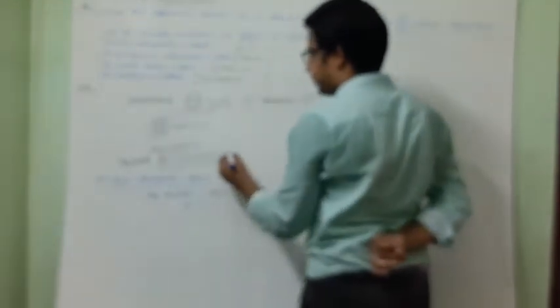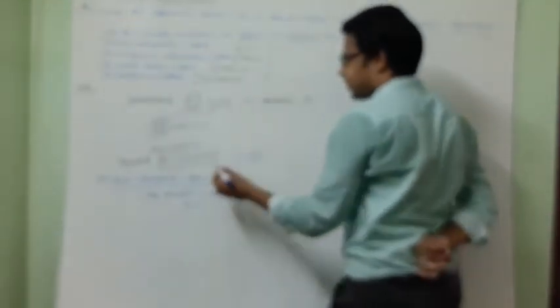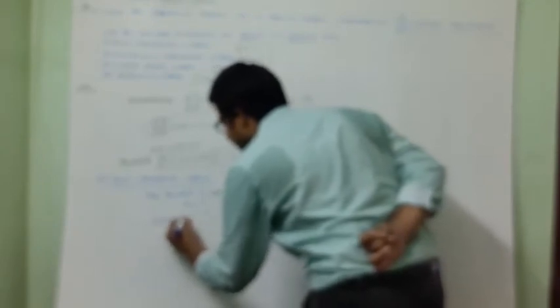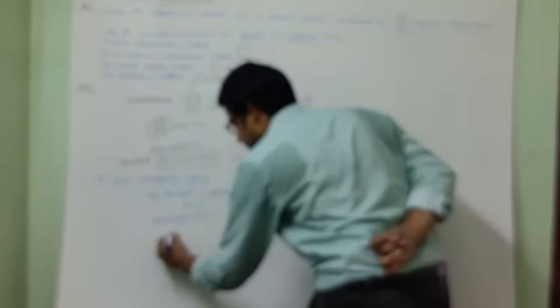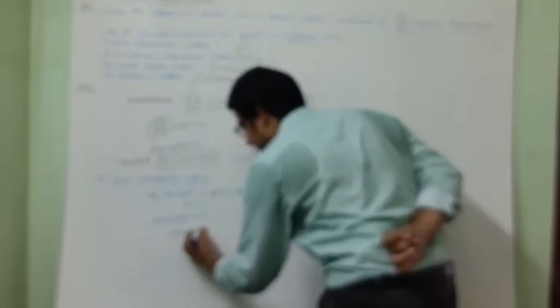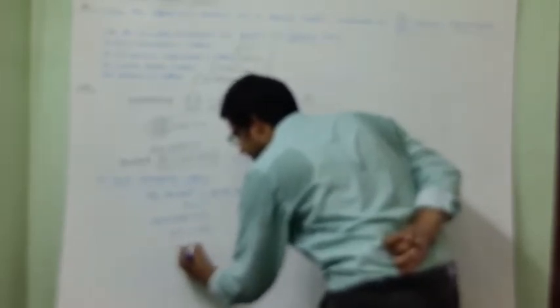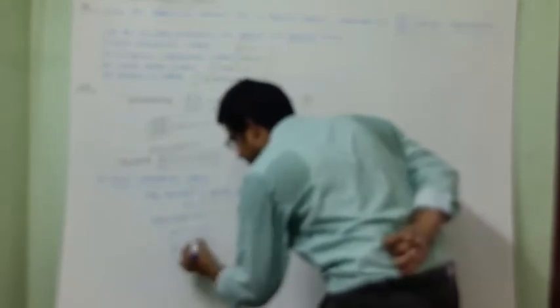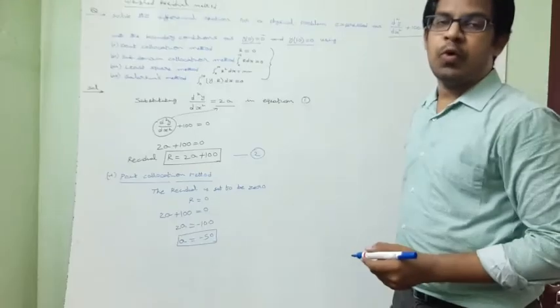So what is the r value? This is the residual from the second equation. Here r equal to 2a plus 100 is equal to 0. So 2a is equal to minus 100, and a is equal to minus 50.